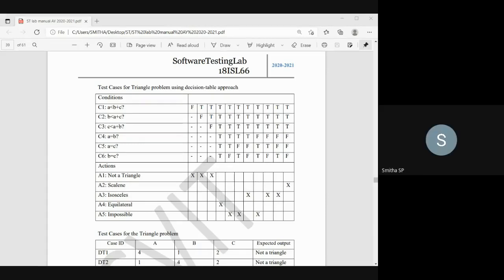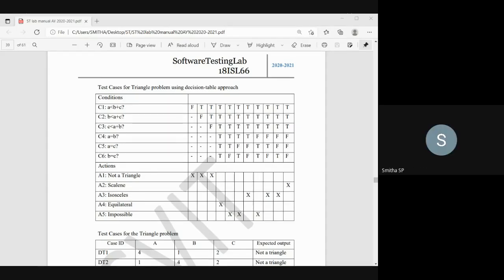Rohit. Arsha, present, ma'am. Sahana, present, ma'am. Sana, present, ma'am. Sana SM, present, ma'am. Sai Chandana. Saket, present, ma'am.